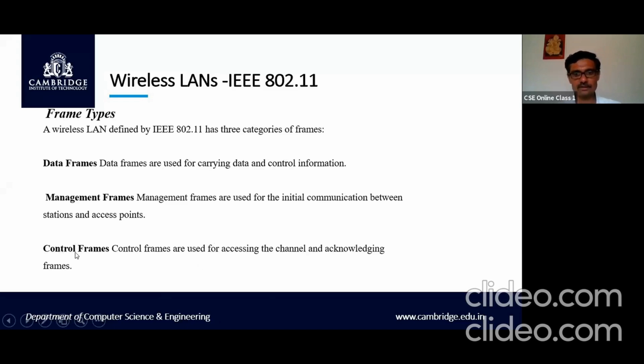And similarly, after receiving the data frame, the receiver will send the acknowledgement to the sender. So that is called an acknowledgement frame. The acknowledgement frame is also a control frame. Okay. So therefore, we have 3 types of frames in the 802.11 standard.